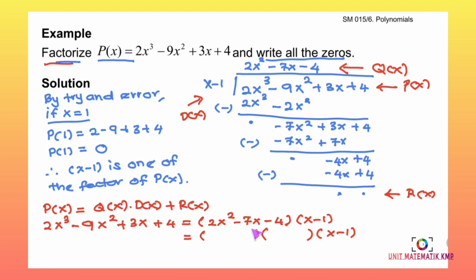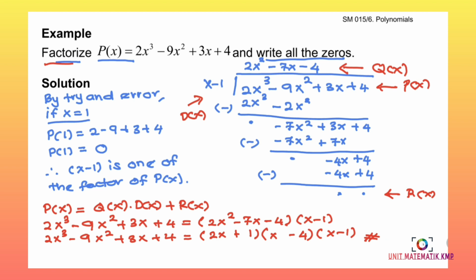Here we have 2x squared minus 7x minus 4. So 2x times x is 2x squared. We want negative 4, so negative 4 times 1 is negative 4. Let's check: negative 8 plus 1. So this is our completely factorized form of the given polynomial.